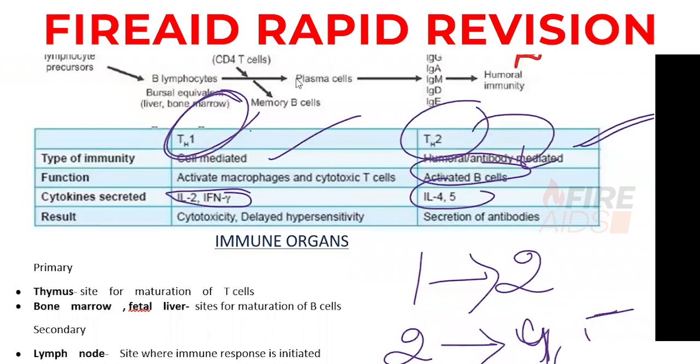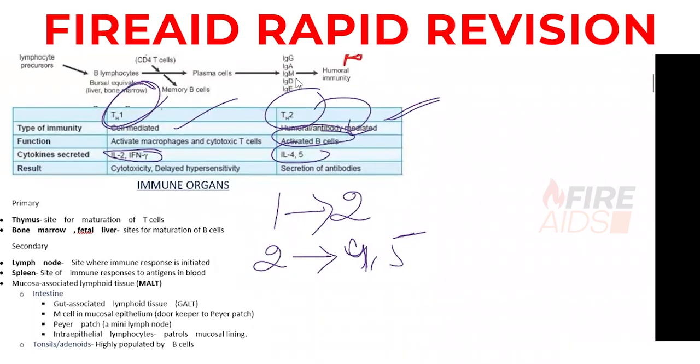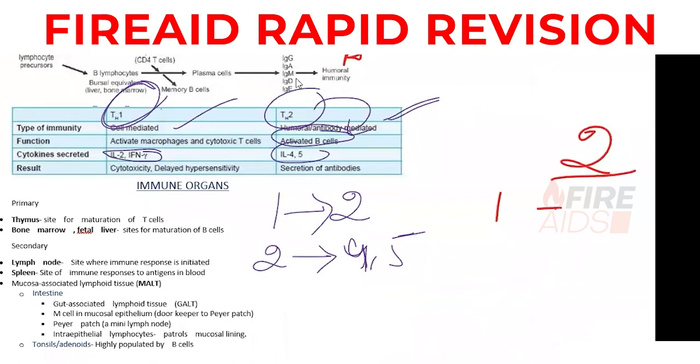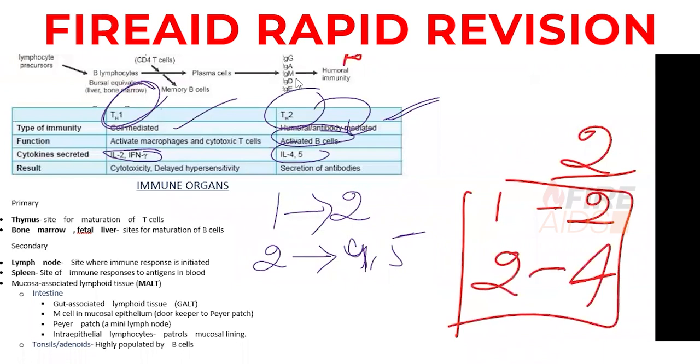To remember this, you can simply double it: 1 doubles to 2, 2 doubles to 4, and 5 will be a bonus. So TH1 is interleukin 2, TH2 is interleukin 4, and along with 4 you add 5.